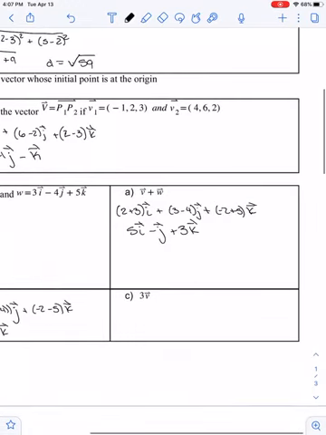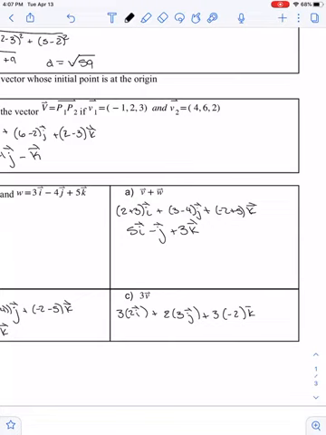Then c, we're doing 3 times v. So 3 times 2i plus 3 times 3j plus 3 times negative 2k, and that is 6i plus 9j and then minus 6k.